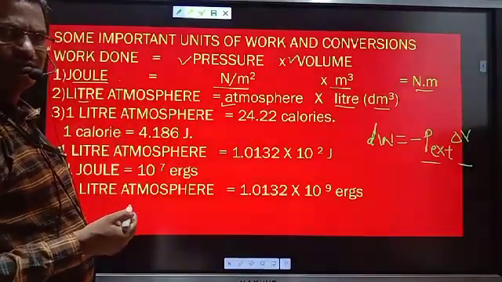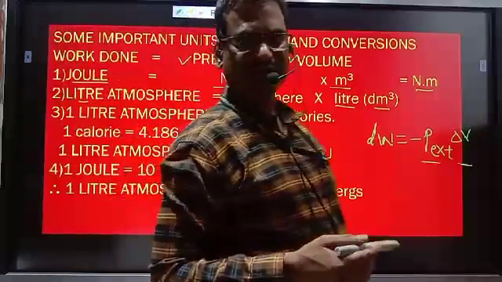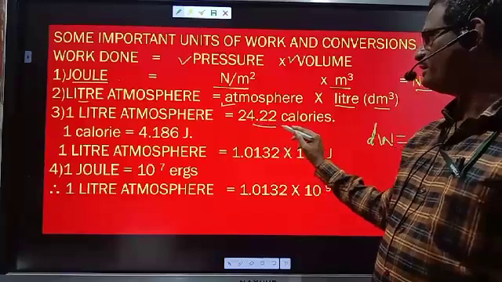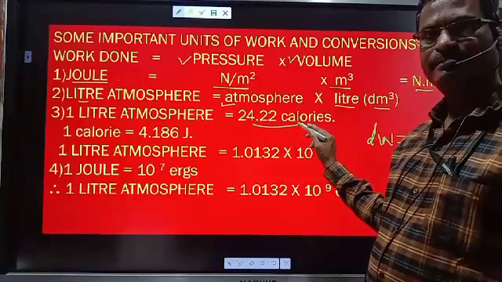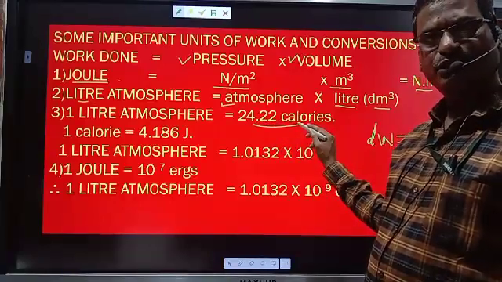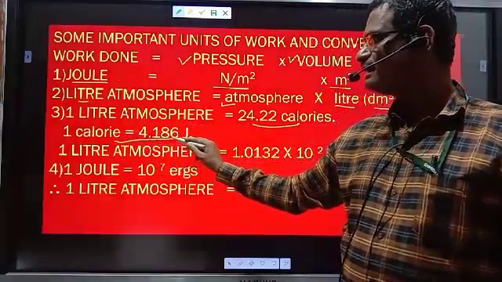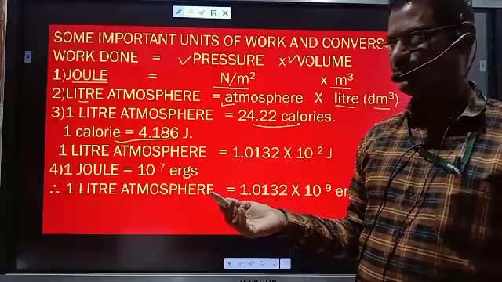Then come the conversion factors. 1 liter atmosphere is equal to 24.22 calories. This you have to learn by heart. 1 calorie is equal to 4.186 joule. That also you have to learn by heart.